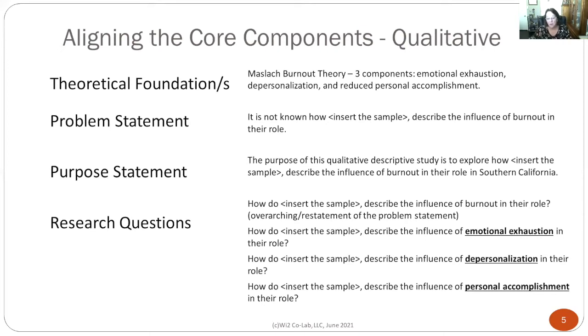As you go through your different phases of review, you might have RQ1 as the restatement of your problem statement, or in some cases, people put RQ0, and then you have RQ1. And the biggest thing I think you're going to notice is how each component of the theoretical foundation is now embedded in the questions.